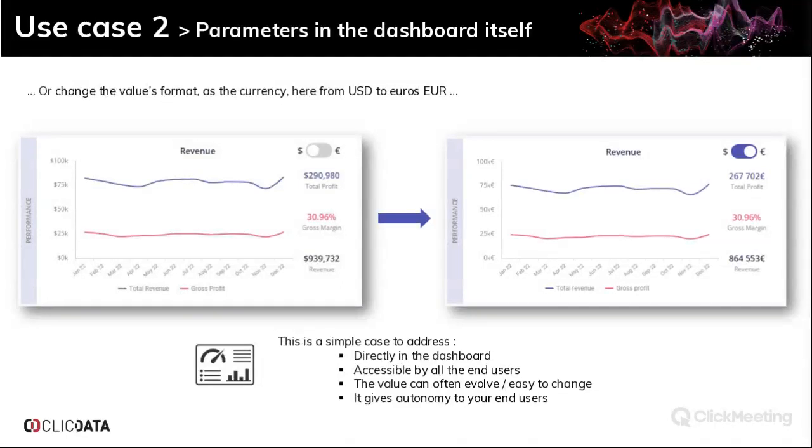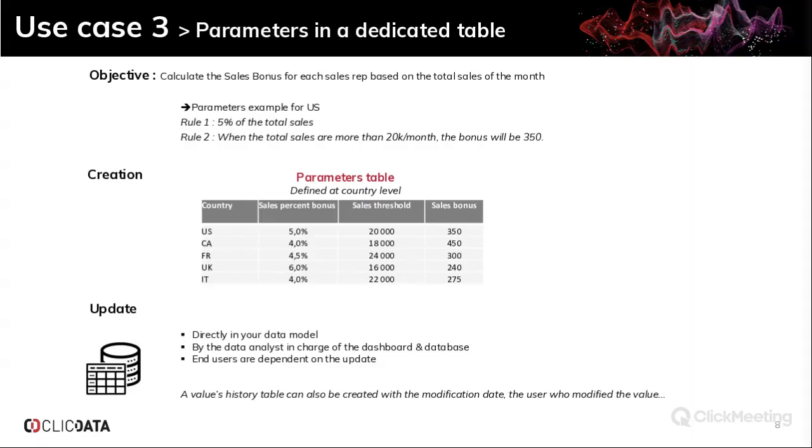So it could be also something that can be done, and it's still easy on the graph for the end users to switch from dollars to euros. So here are two simple cases. Now let's see how to concretely do it with the parameters table within the data model.